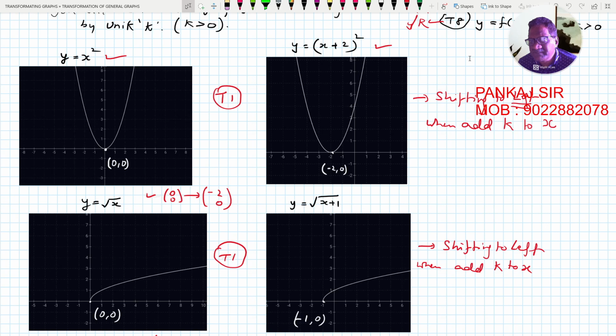And I had given you an example of y is equal to x square as a parent function, which you can see over here.